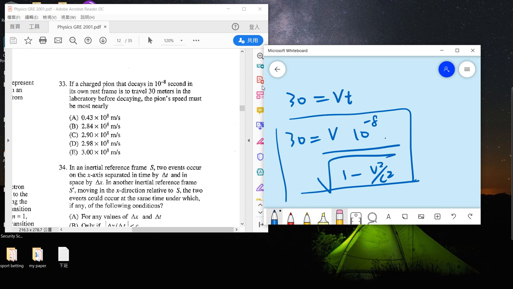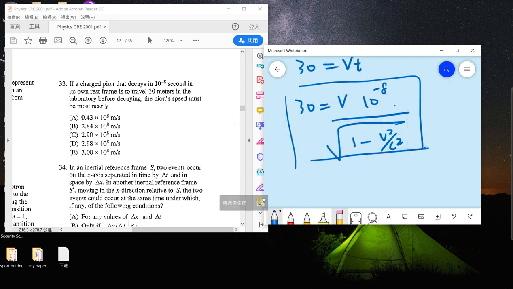This is the time dilation. Just directly solve for v, and what we get is D. v is close to 2.98 times 10 to the 8, so it's very close to c. So the answer is D.